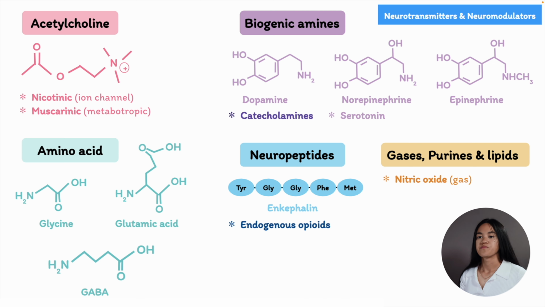Starting with gases, some short-lived gases also function as neurotransmitters. But here's the thing, gases are not released by presynaptic vesicle via exocytosis, nor do they bind to postsynaptic plasma membrane receptors.